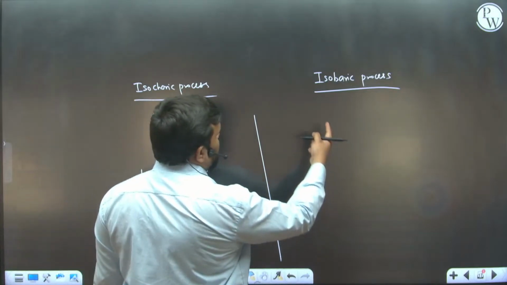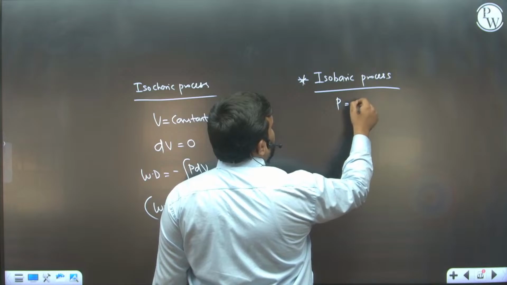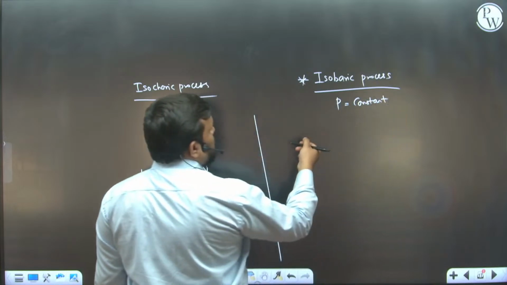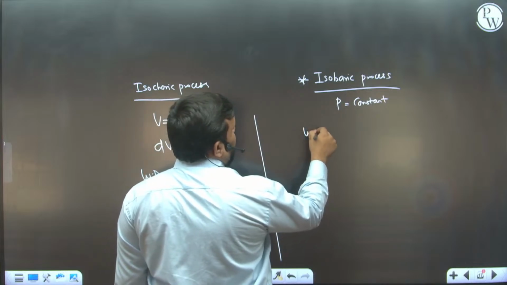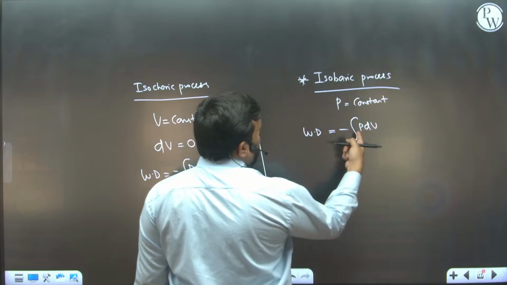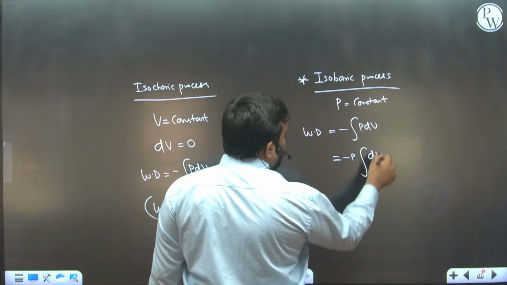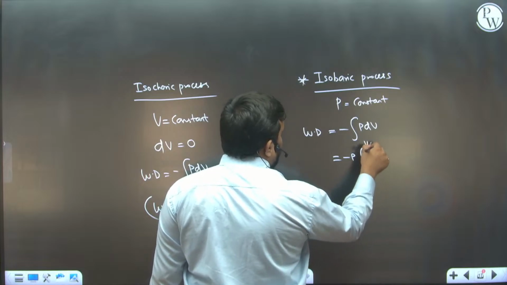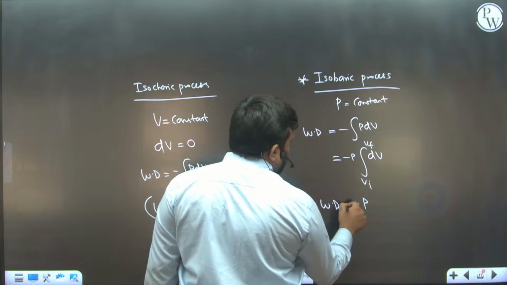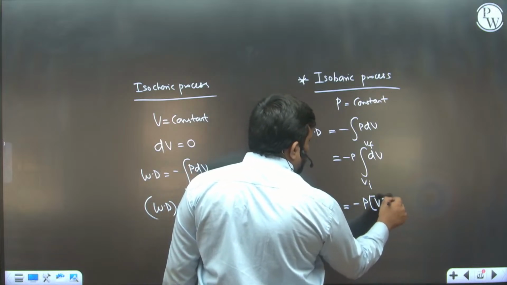Now let us see the isobaric process. For isobaric process, the pressure is equal to constant. So here, let us start again the derivation, work done is minus integral PdV. Here the pressure is constant, so you can take it outside and integrate dV from V initial to V final. So work done we are getting over here is minus P, and integration of dV is V initial to V final.